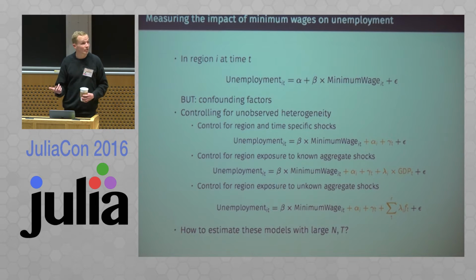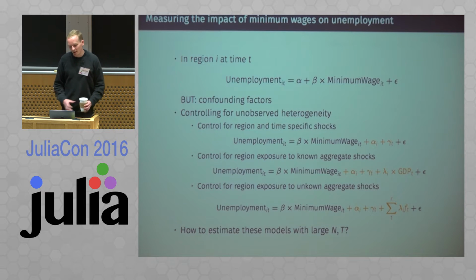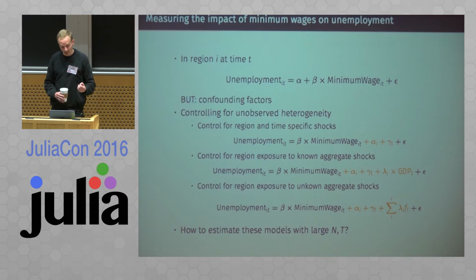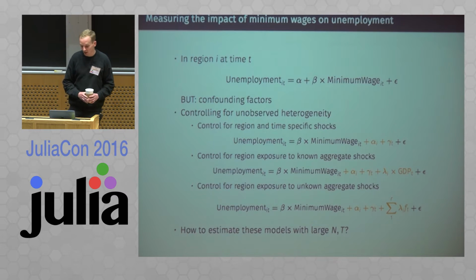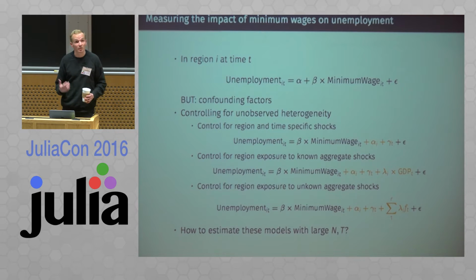You might also want to interact this region-specific effect with an aggregate shock like GDP. So for instance, in the second specification, you have alpha_i, which is a region-specific effect, gamma_t, which is a time-specific shock, and then you also control for the fact that different regions are exposed differently to aggregate GDP shocks.